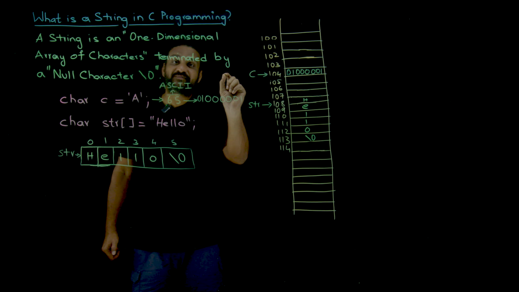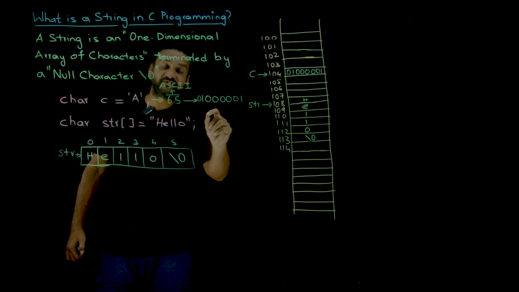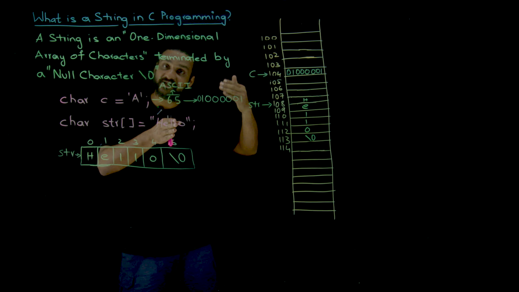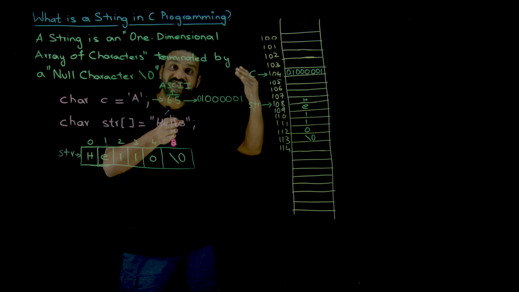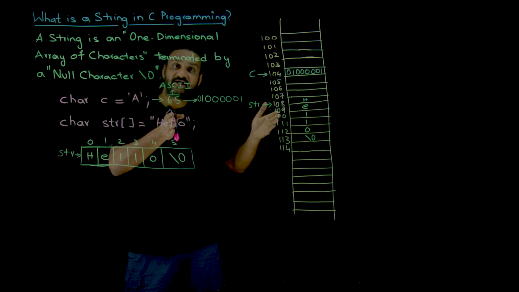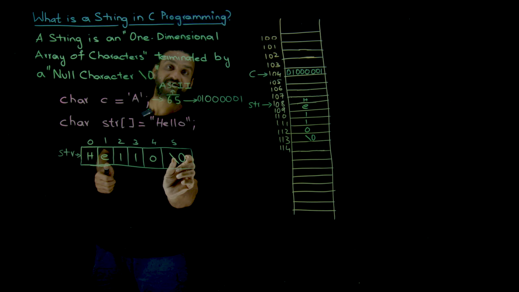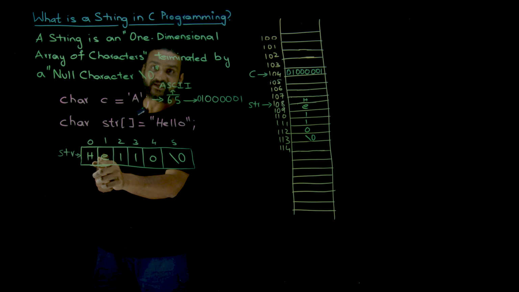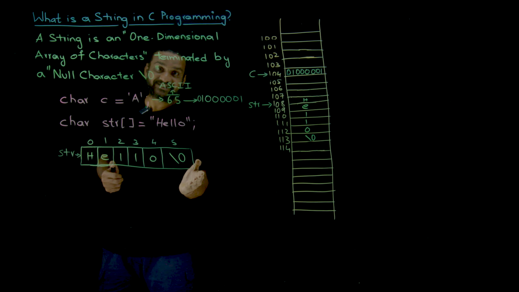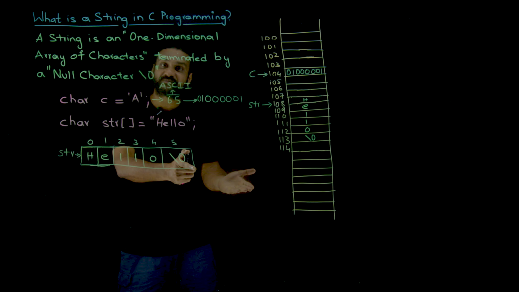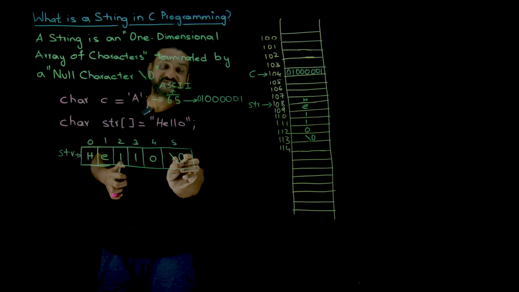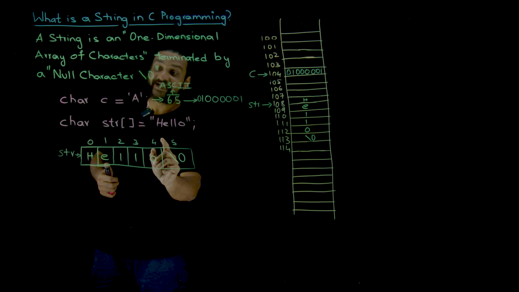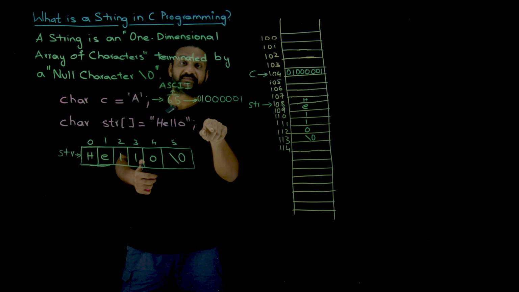That extra space will be added automatically by the compiler. In that extra space, at the end of the array, it is going to store a null character. So try to understand that. HELLO, 5 spaces have been allocated. 5 spaces of the array have been used, and in the 6th space, which is an extra space, a null character will be assigned, and it is automatically done by the compiler.